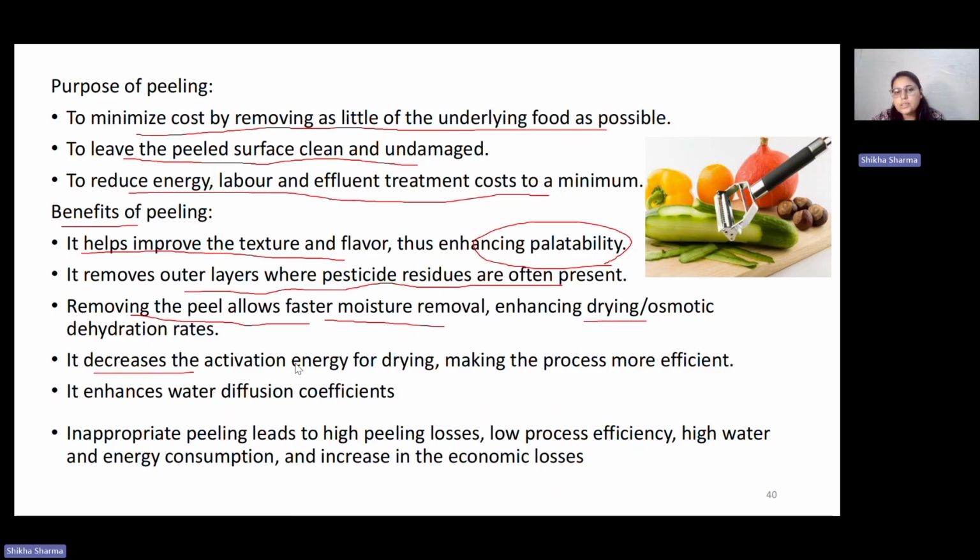Also, it decreases the activation energy for drying, making the process more efficient, and it enhances the water diffusion coefficient also. But inappropriate peeling may lead to high peeling losses, low process efficiency, high water and energy consumption, and an increase in economic losses as well.